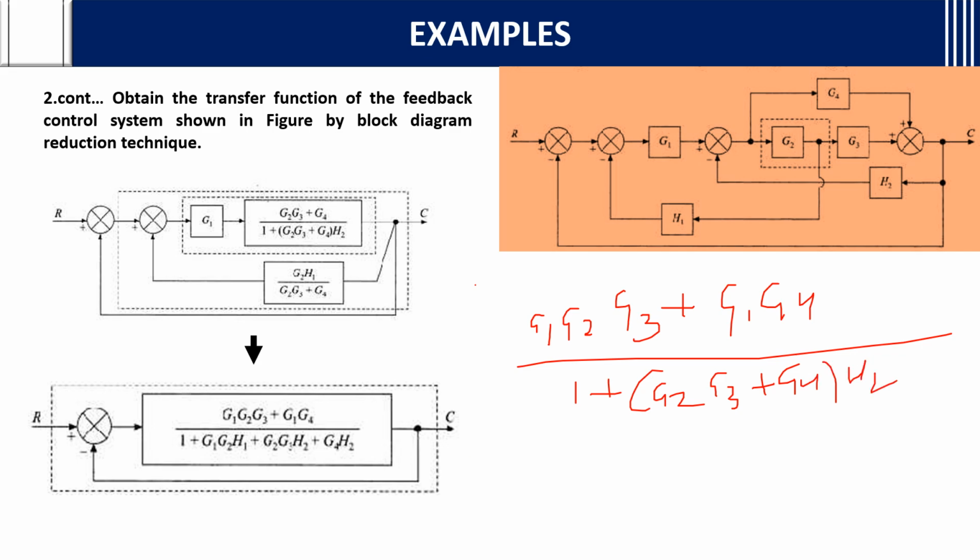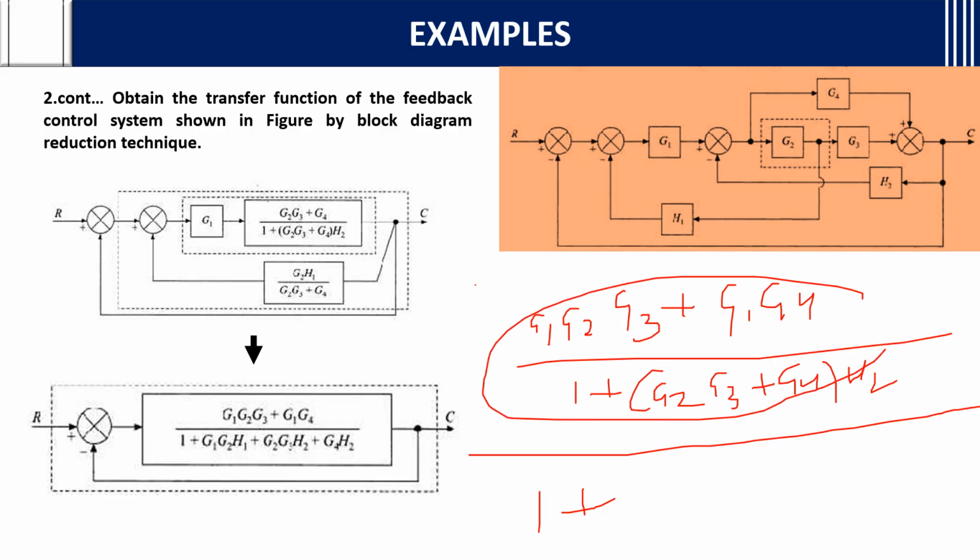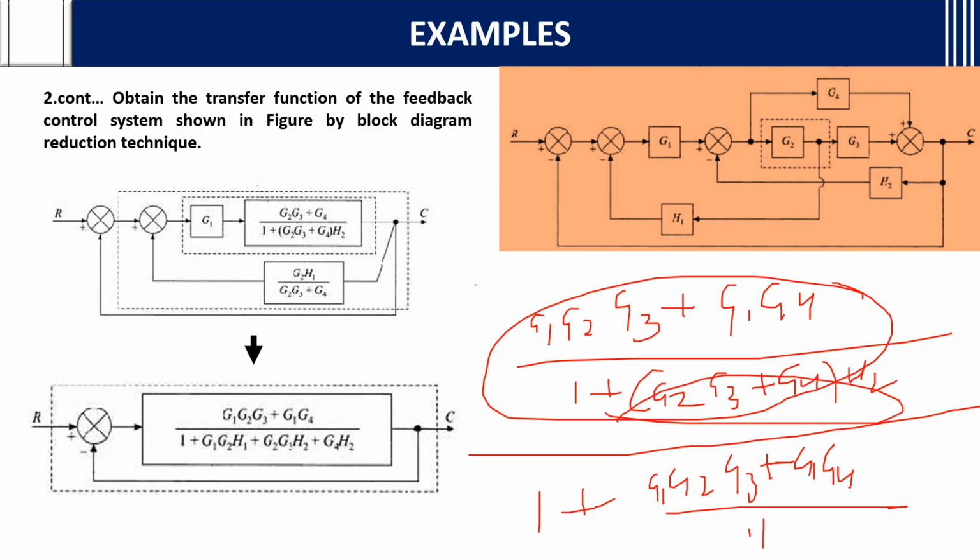This is the whole G by 1 plus the whole G term, whatever is there, that you should write here. Nothing but G1 G2 G3 plus G1 G4 by this numerator term, I am just mentioning the numerator term, into this H term. This is the H term, this is the feedback: G2 H1 by G2 G3 plus G4.